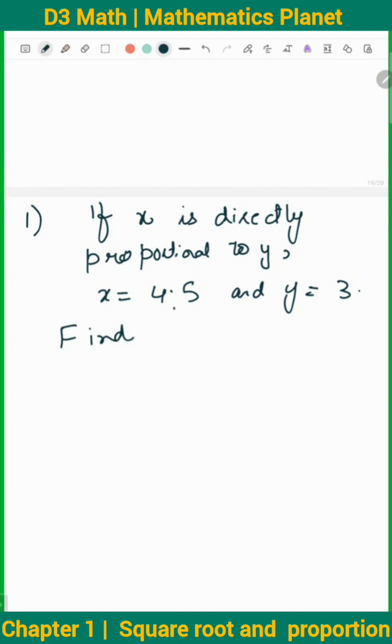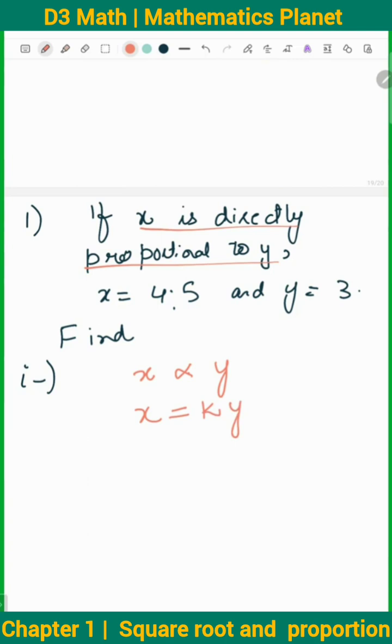You have to find number 1, beginning by connecting x and y. Now listen to me carefully. Whenever it is written that x is directly proportional to y, you change the sign of proportionality to equality, and you will get x is equal to ky.